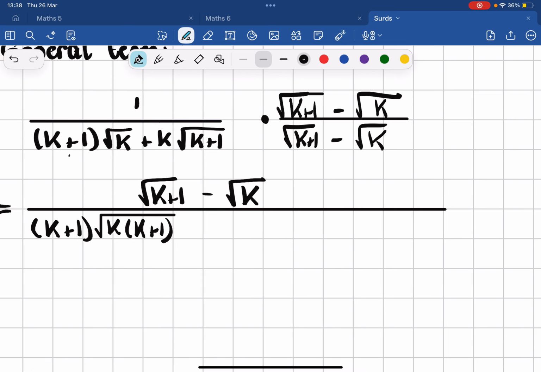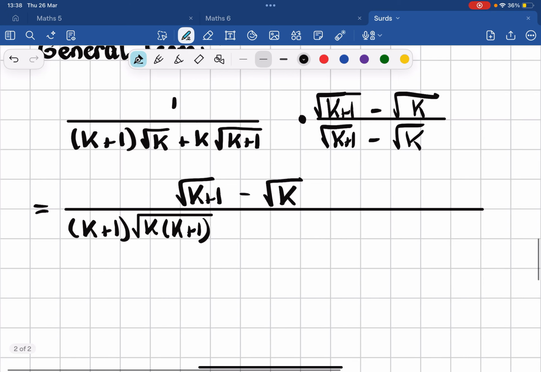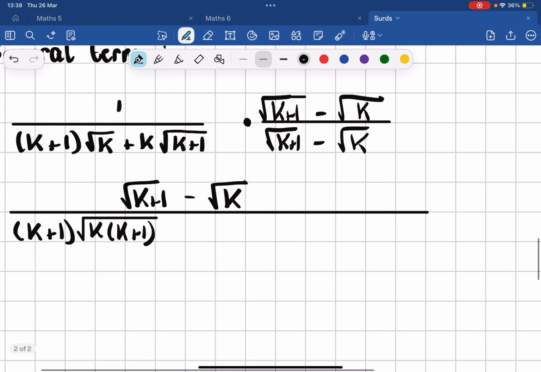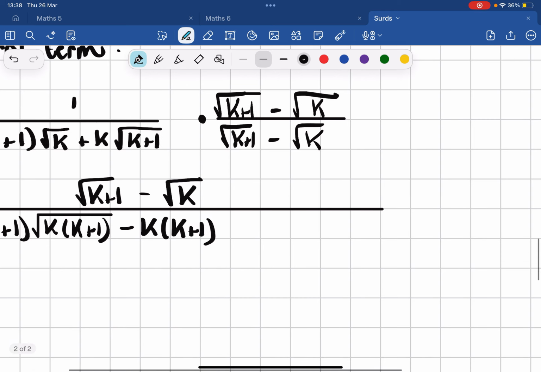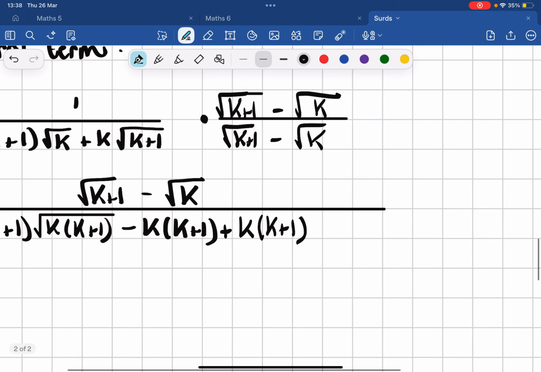Now let's do k plus 1 times root k multiplied by minus root k, so that's minus k times k plus 1. Now onto k root k plus 1 multiplied by root k plus 1, that's plus k times k plus 1. See, the square root just cancels. Finally, k times root k multiplied by minus root k.